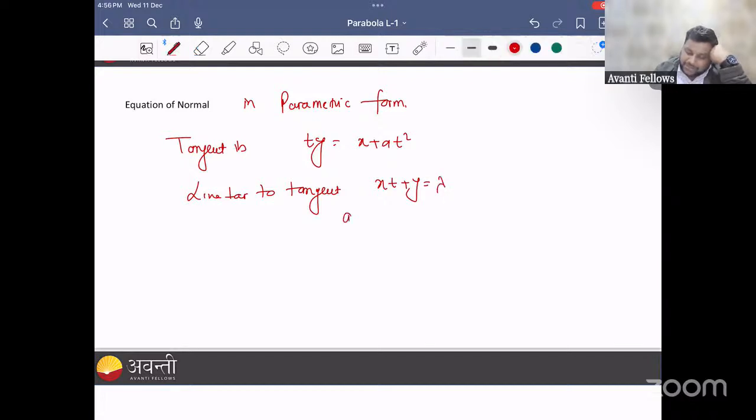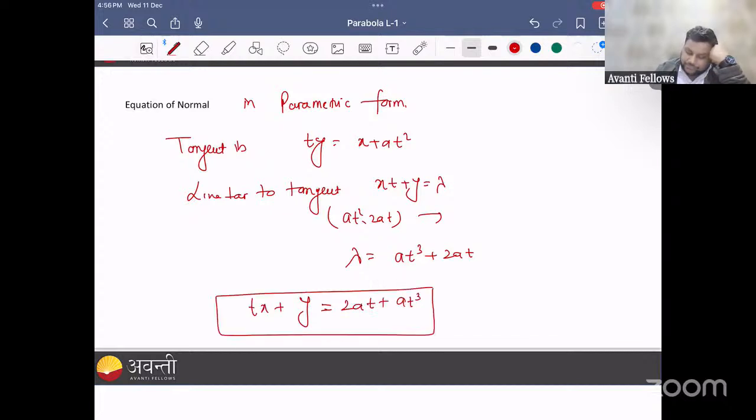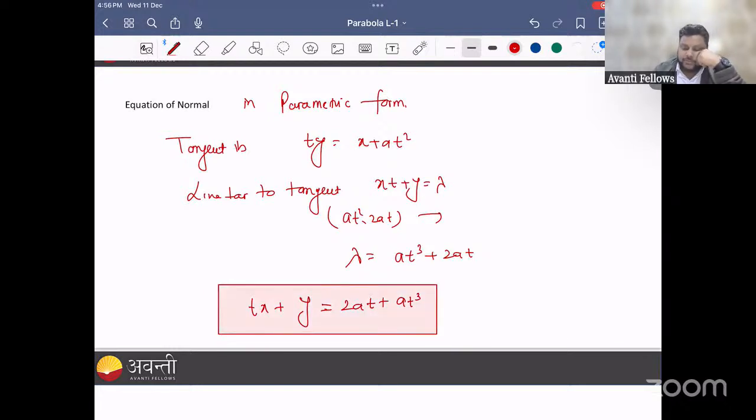Now make it pass through at square, 2at. So lambda will be what? At cube plus 2at. So equation of normal is Tx plus y equals 2at plus at cube.